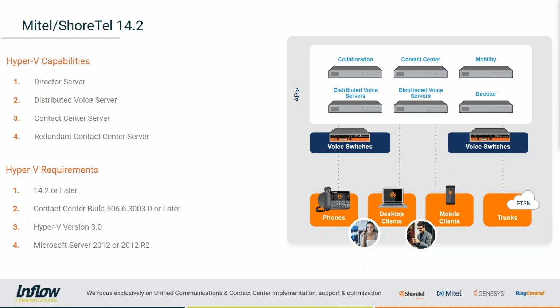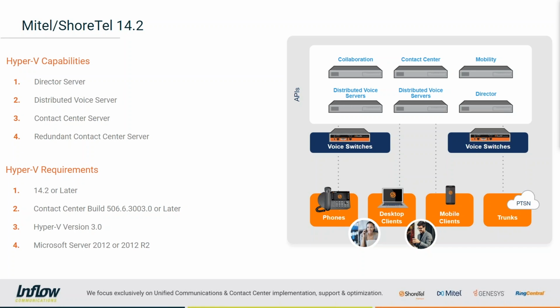So if you have a contact center and you haven't bought the redundant contact center license, definitely talk to your account manager about it, because between a redundant contact center and a DVS license, or DVS server, you can really provide some significant DR capabilities built into the 14.2 platform, or even the Connect platform going forward.